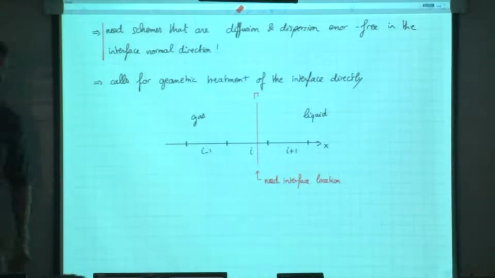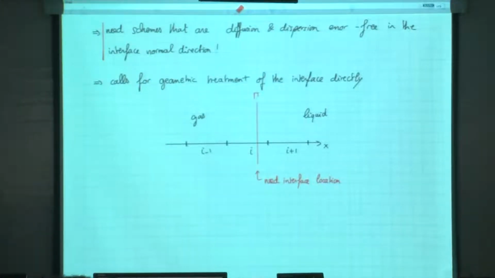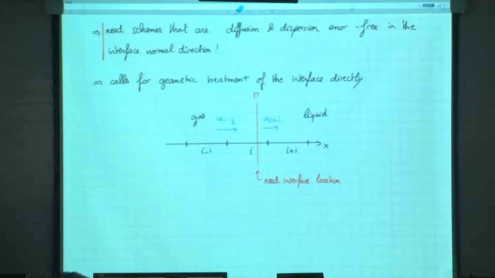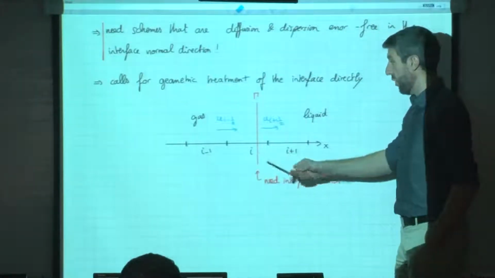I can now take my surrounding velocity field, so let me say that that cell face I have velocity u_{i-1/2}. And then that cell face I have u_{i+1/2}. Now suddenly, if I've given myself this interface, I can do anything.